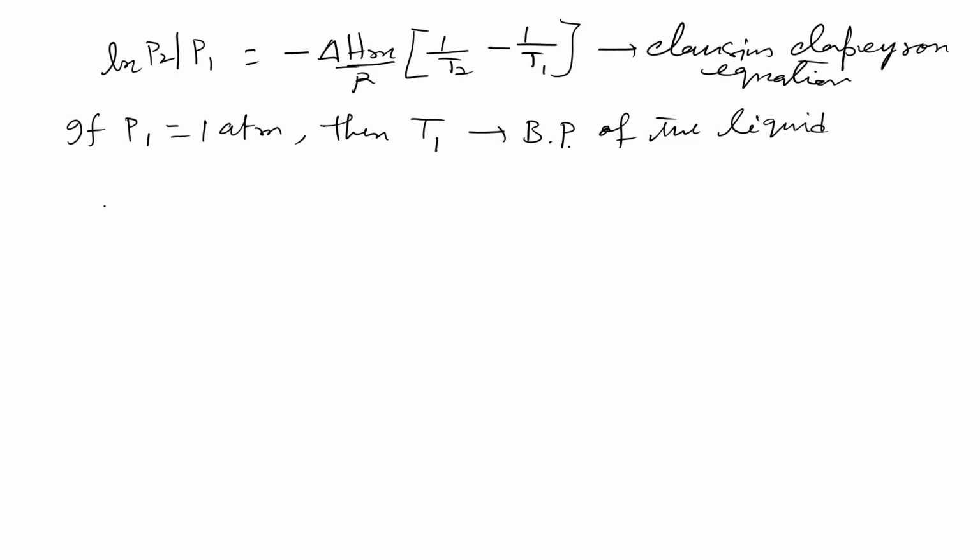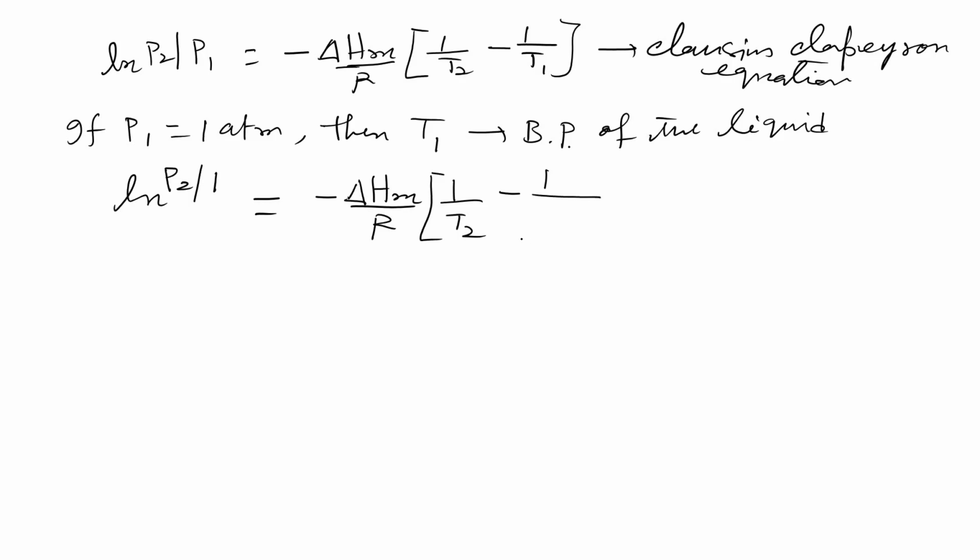Then what will this equation become? ln P2 by 1 is equal to minus delta Hm by R into 1 by T2 minus 1 by Tb, this is the boiling temperature. So the equation will become like this.